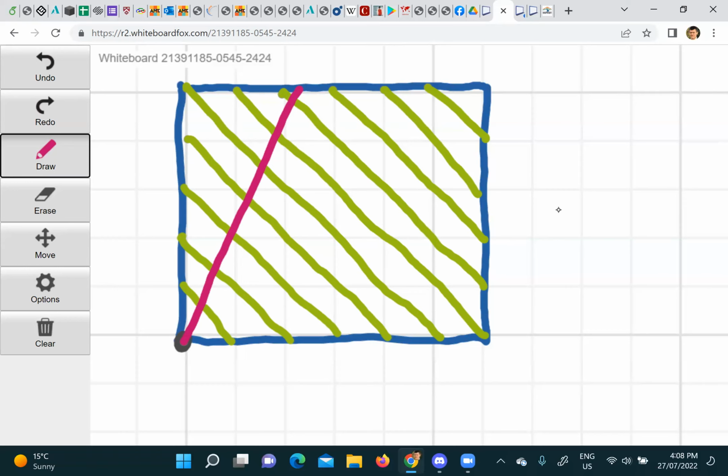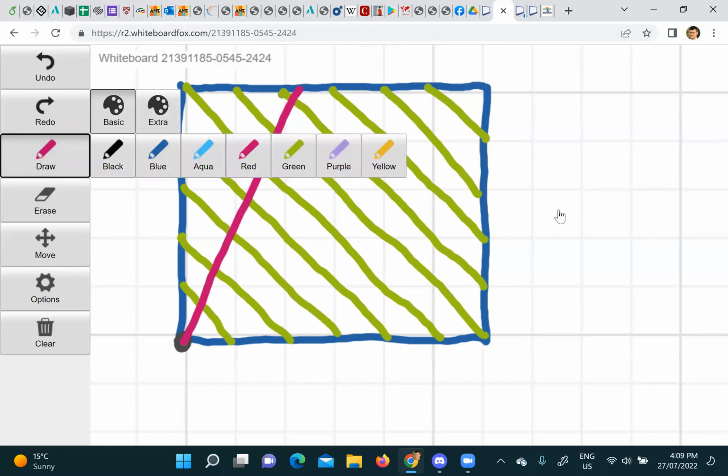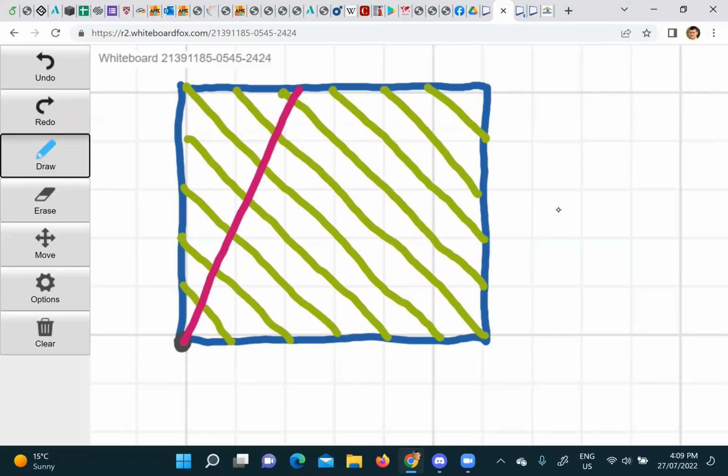So what this does is, if you look at, for example, each green line, each green line has a bunch of squares that it cuts through, right? The point I'm trying to make is, this green line has 4 squares that it cuts through, right?